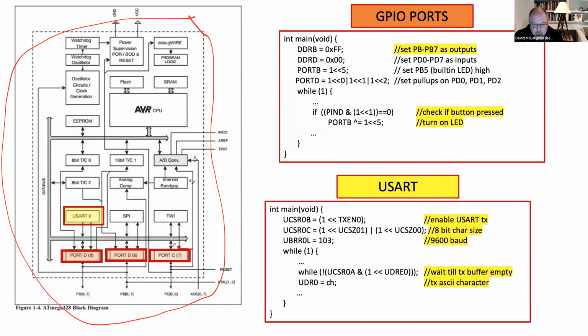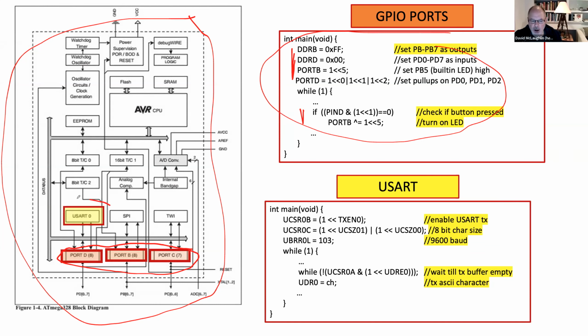So the very first thing is we said, let's start to work with these ports, GPIO pins, and we can set those high and low. And the code for doing that looks like this up here, right? I mean, you do data direction registers, port registers. Then in your while loop, you're checking to see if pins are high and low. That's kind of how that's done. So we covered that, and we've been doing that for a while.